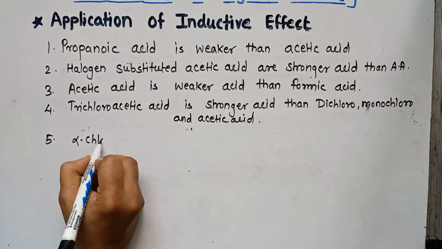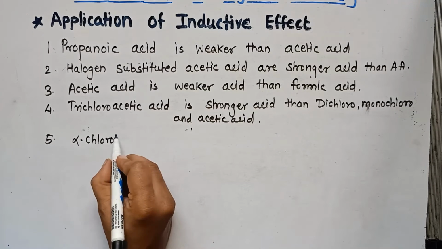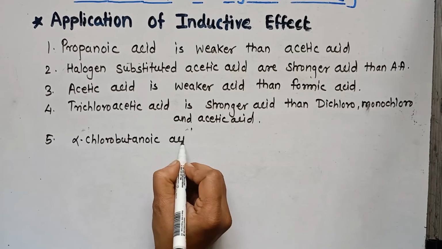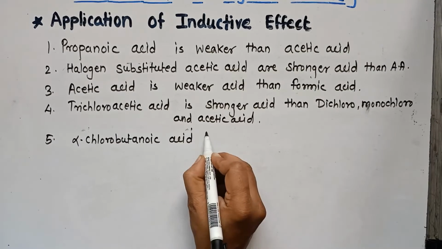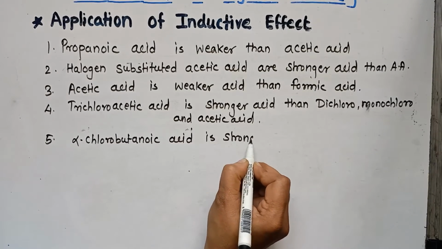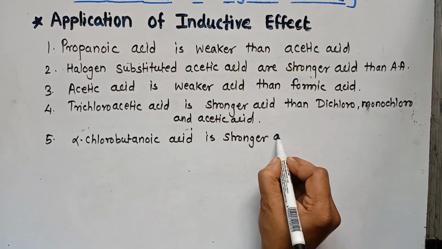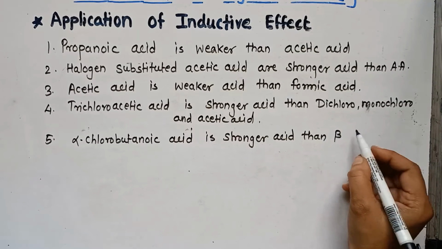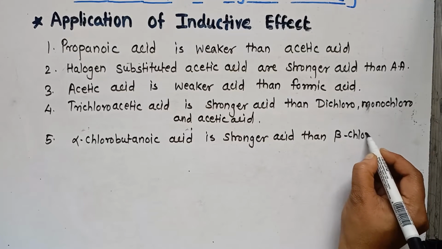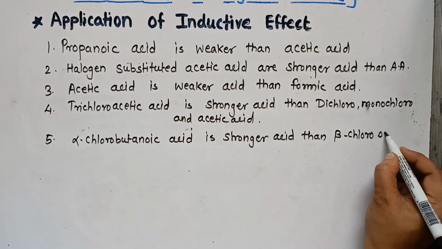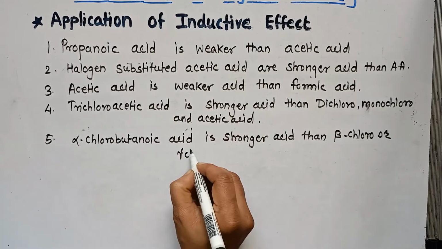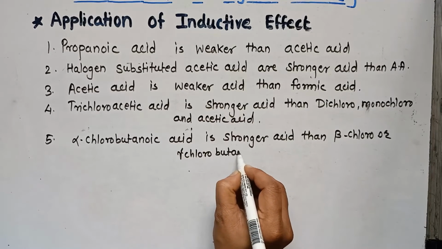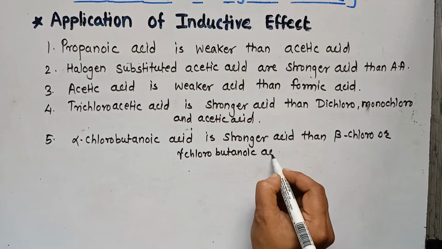Alpha chlorobutanoic acid is a stronger acid than beta chloro or gamma chlorobutanoic acid.